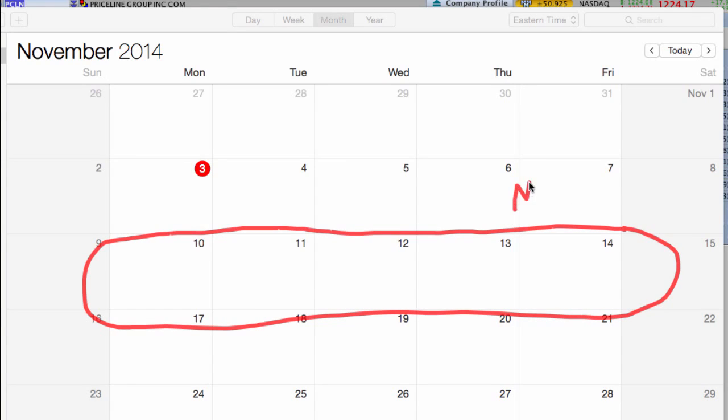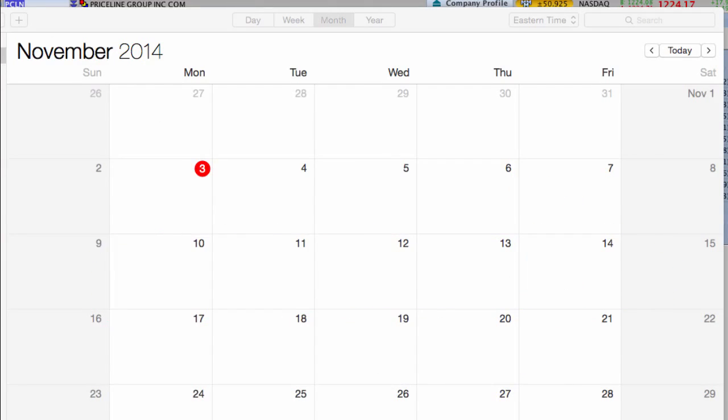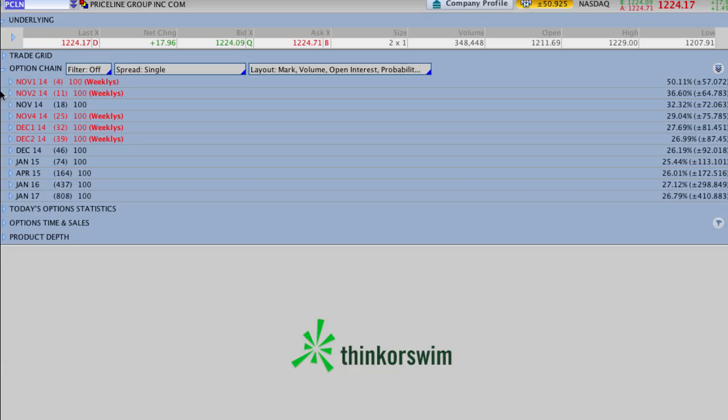So this one would be Nov 1 up here, and this contract week would be Nov 2 right here. Now the regular monthly contracts are going to be this third week, which is Nov, and then no dissemination of 1, 2, or 3, because that's going to be the third week in November, so it's going to be the monthly contract expiration.